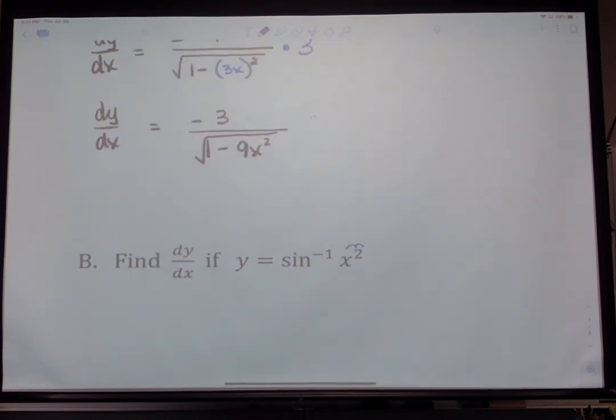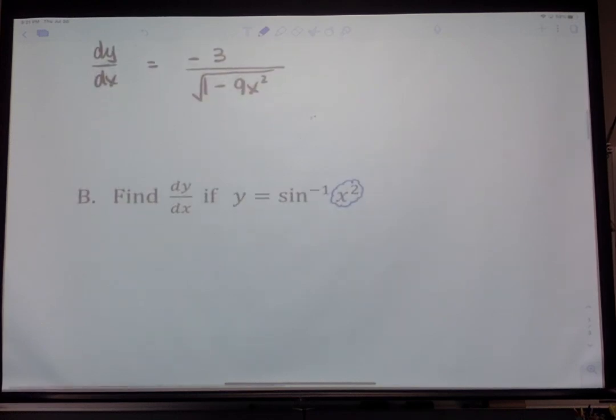Next one. Your angle isn't just x, it's messy, so here we go. Positive version.